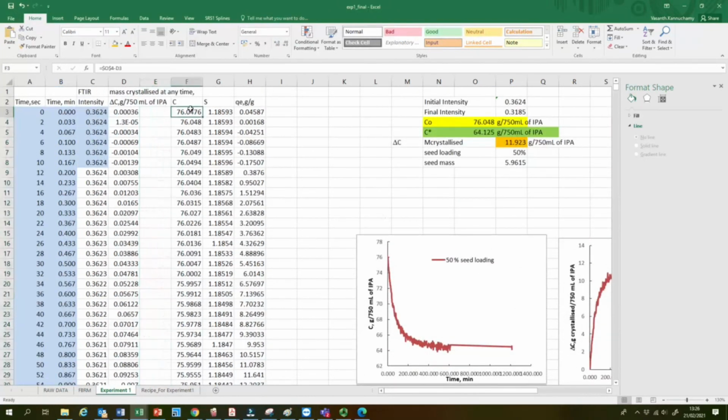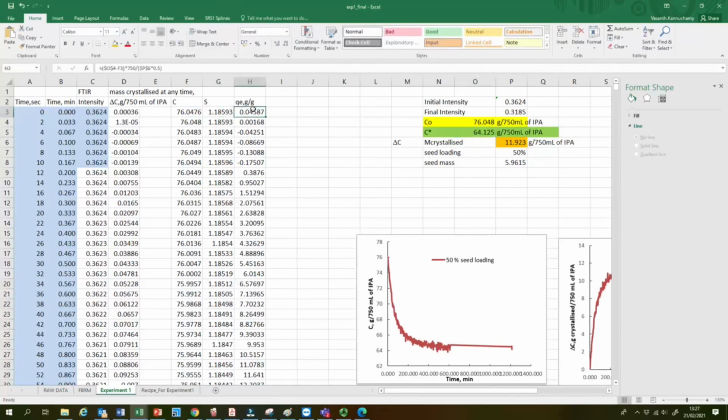So this is your concentration. This is nothing but your initial concentration, which is 76.048, minus the mass crystallized at any time, which is here in the D column. If you double click, you will know what formula I used. From that you will get some idea. And then once we have our concentration, we can calculate the supersaturation ratio, which is nothing but concentration divided by our solubility concentration.